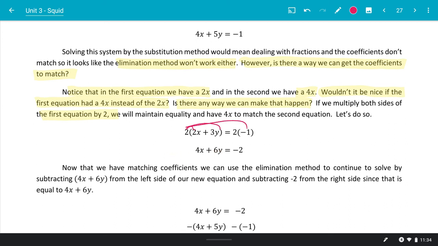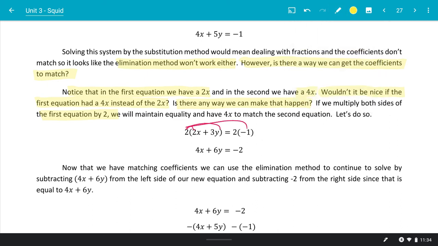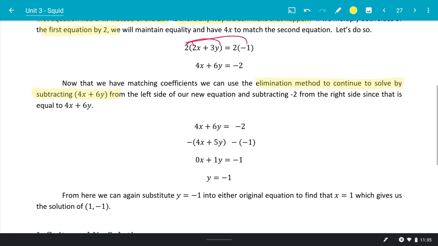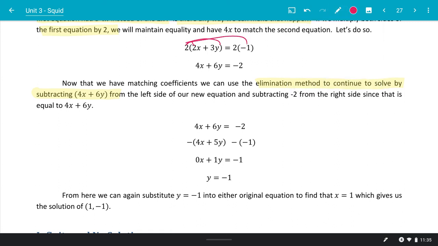Now that we have matching coefficients, we can use the elimination method to continue to solve by subtracting 4x plus 5y from the left side of our new equation and subtracting -1 on the right side. Okay, so now that we subtract, 4x minus 4x, those cancel. 6y minus 5y is a 1y, and a -2 minus a -1 is a -1.